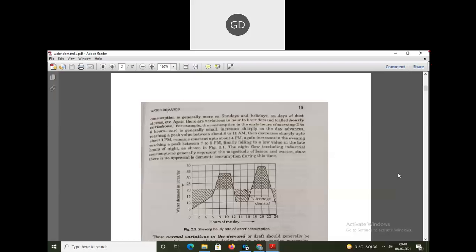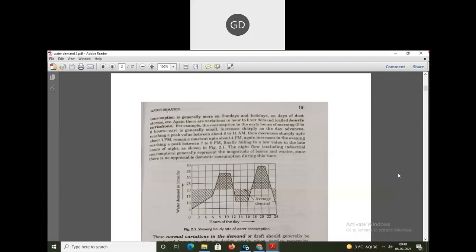Then if you ask what is an hourly variation, all the people are coming out to their office during 8 a.m. to 10 a.m., or you can say 8 a.m. to 11 a.m. During this time, people are using the water more frequently, because they are cooking, or those going to their office are taking their baths.